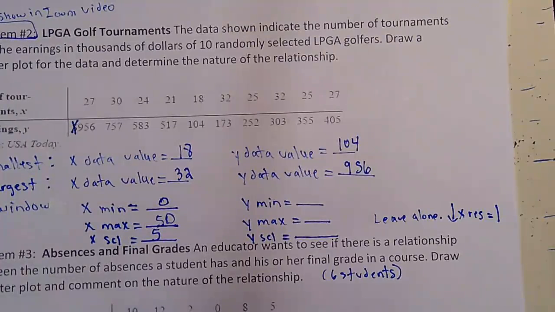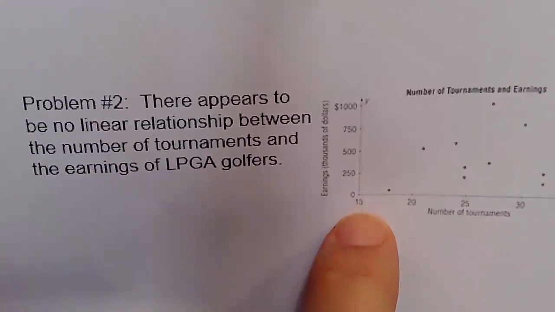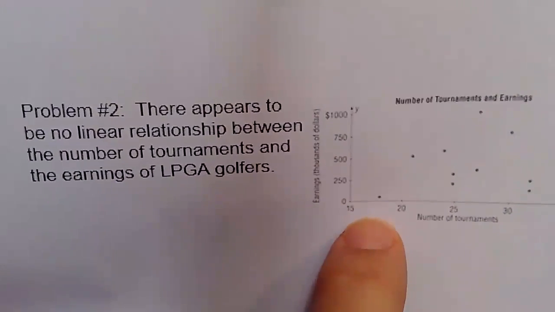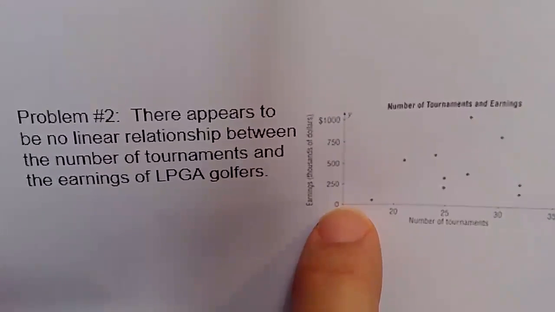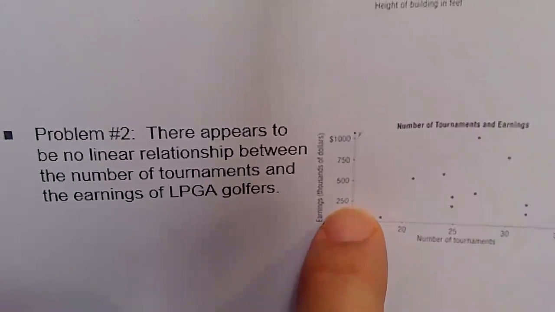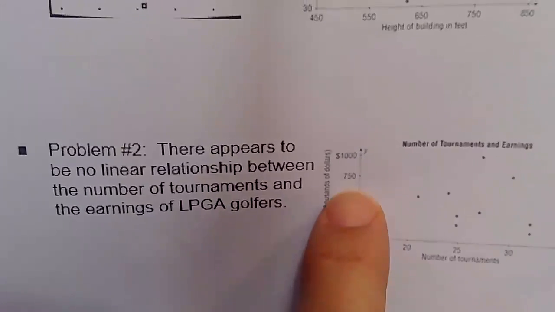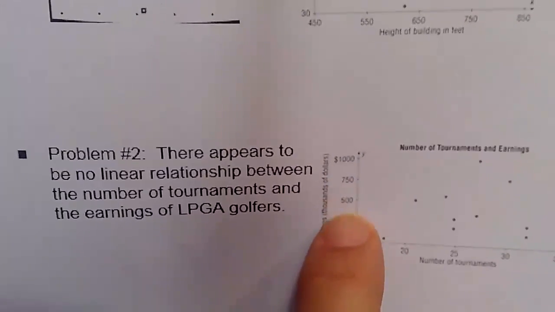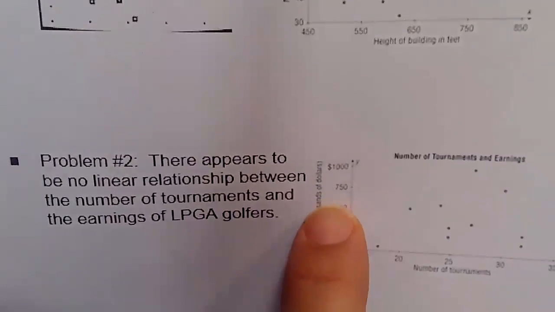Let me see what they used. They use 0, and then they did 250, 500. On the Y, they use increments of 250 on their scale.